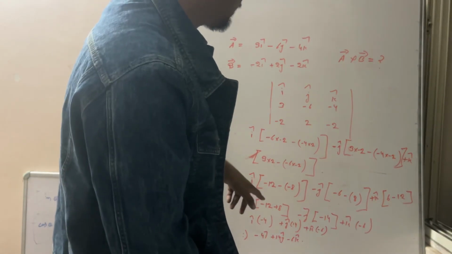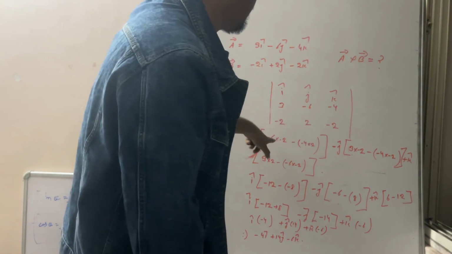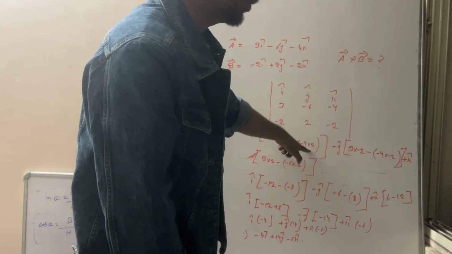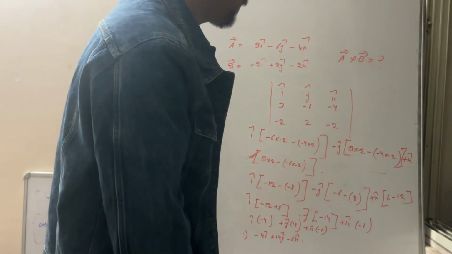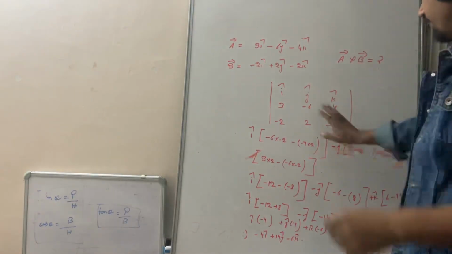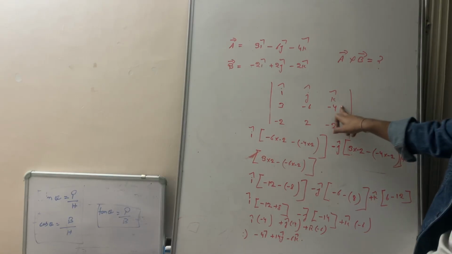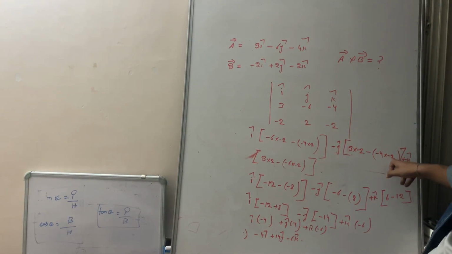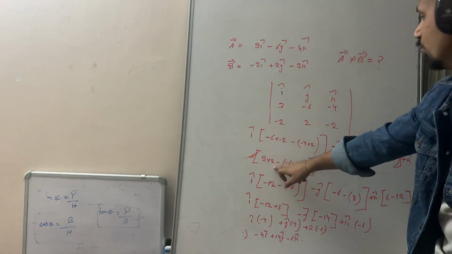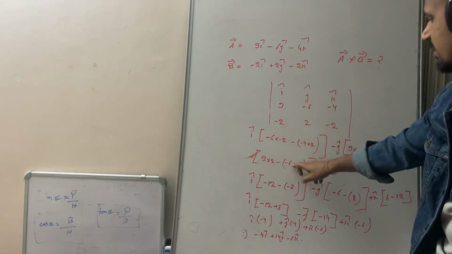Sorry, I made a mistake. So minus 6 times minus 2, minus 4 times 2, just a cross multiplication. The j will always be negative: minus j, 3 times minus 2, minus 4 times minus 2. Plus k, for k: 3 times 2 minus 6 times minus 2.